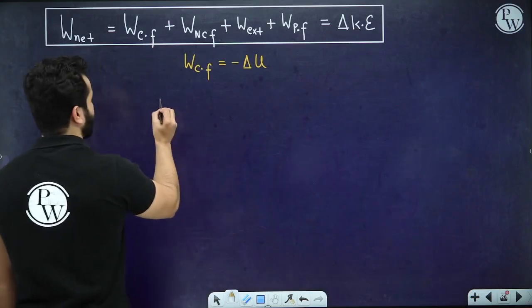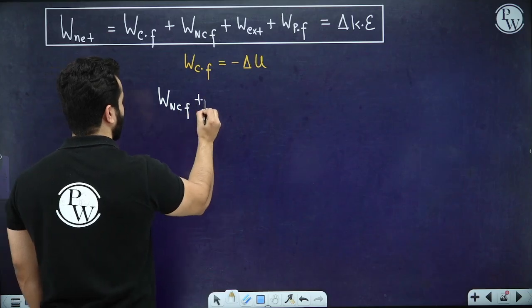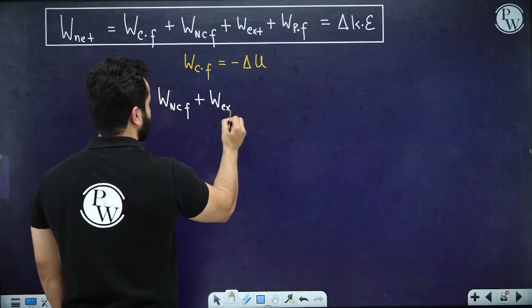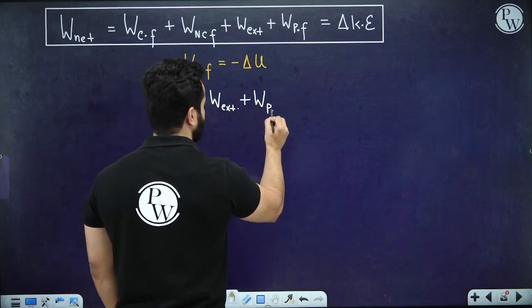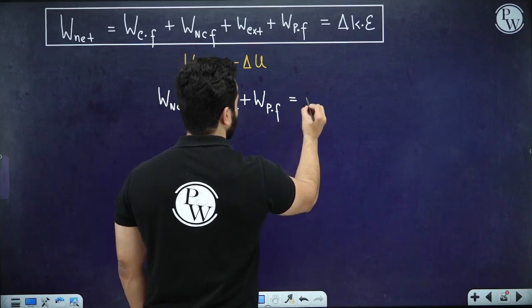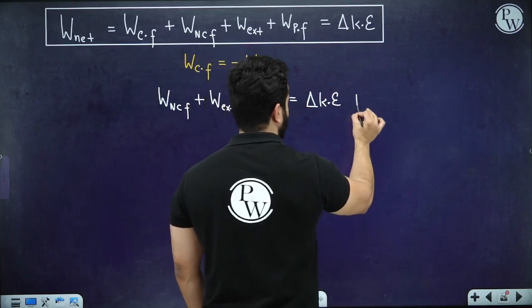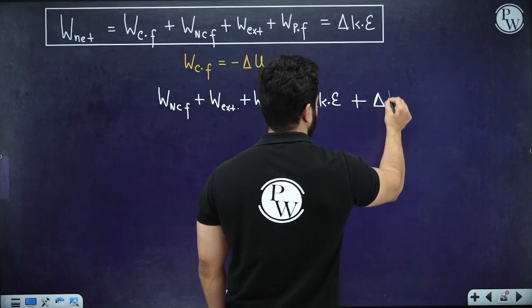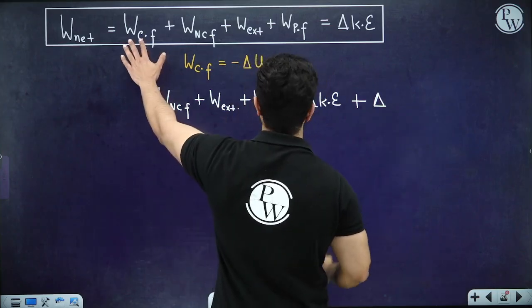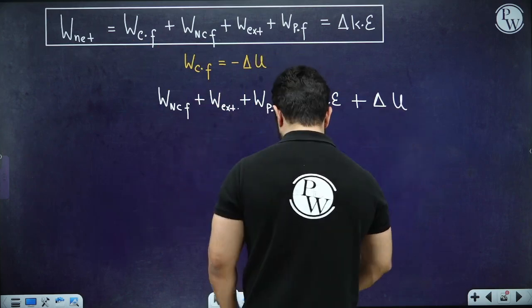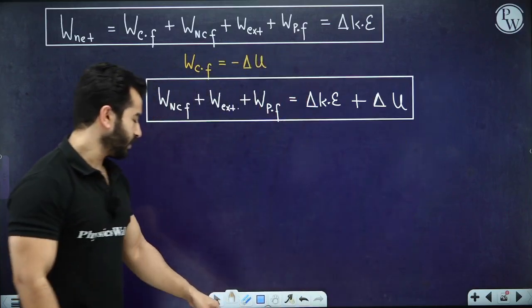I'm going to write: work done by non-conservative forces plus work done by external forces plus work done by pseudo forces will be equal to change in kinetic energy plus change in potential energy. Why am I writing it as potential energy? You know it, right? Here I've written the negative of the change in potential energy. So again, this is also a case for the work energy theorem.